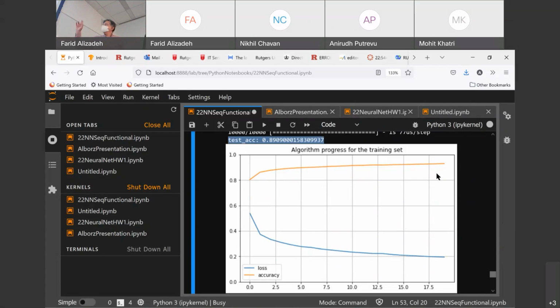It's useful to put these two on the same plot, because the blue, the loss function, is the one that the algorithm is actually minimizing. But what you are really interested in is the accuracy. This is accuracy on the training set, but nonetheless, that's the one you're interested in.